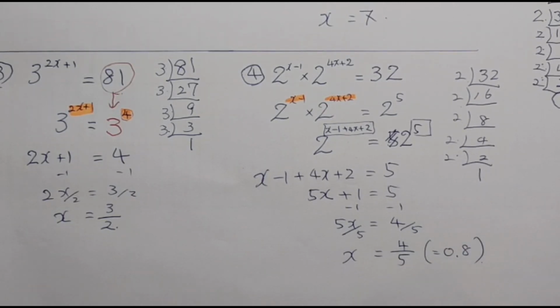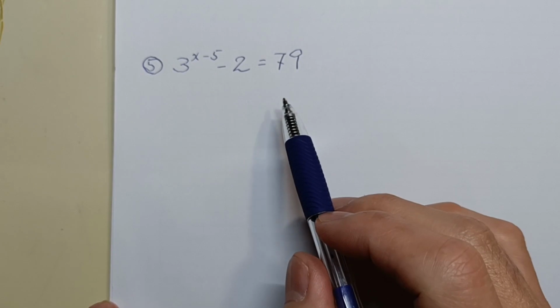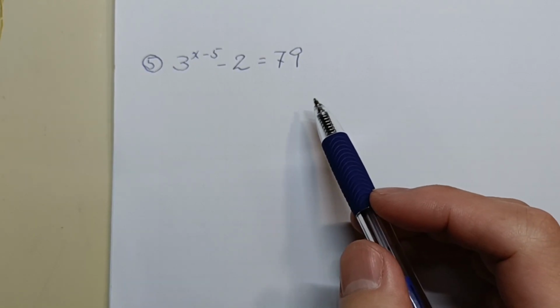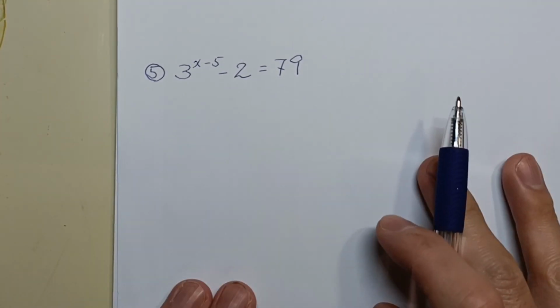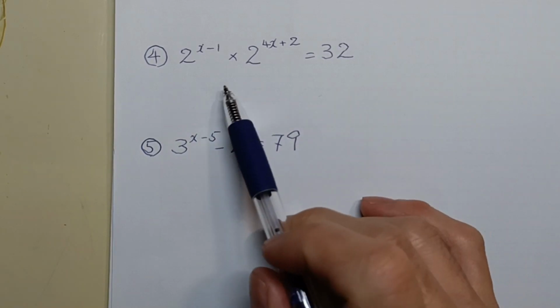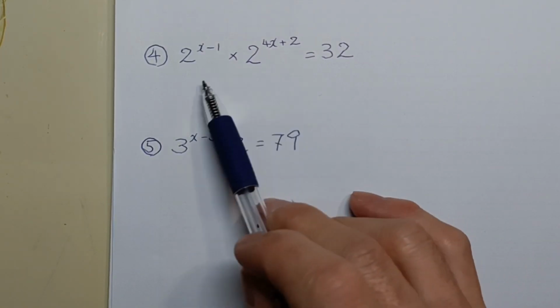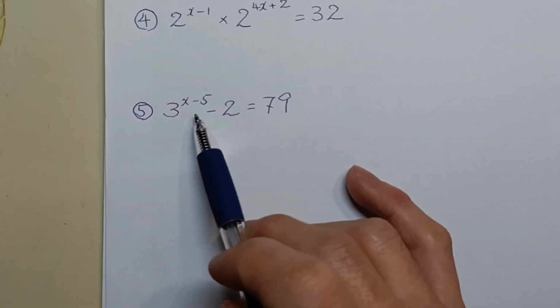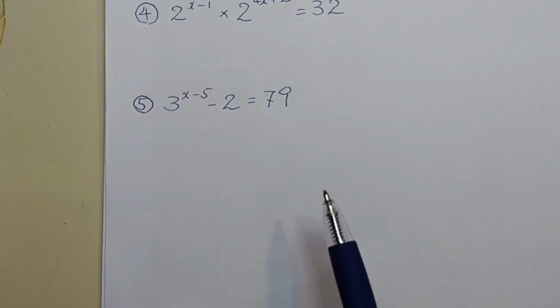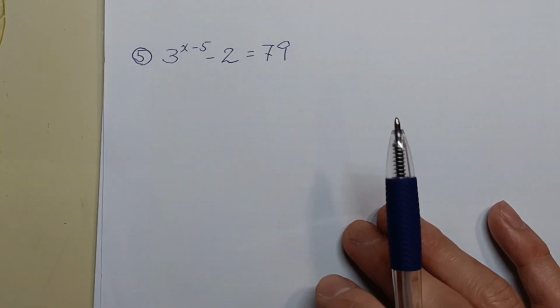Okay? Right, let's go to the last question. Right, the last question is this one. As you can see, this question was timesing together, but this one is take away. How can you deal with this one?